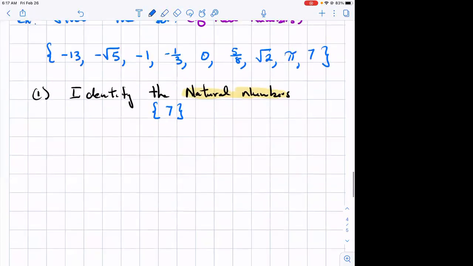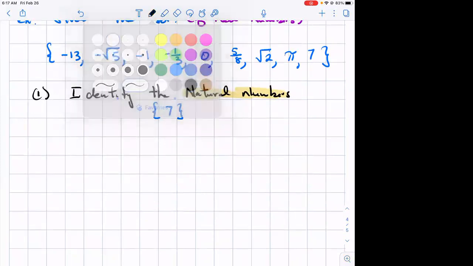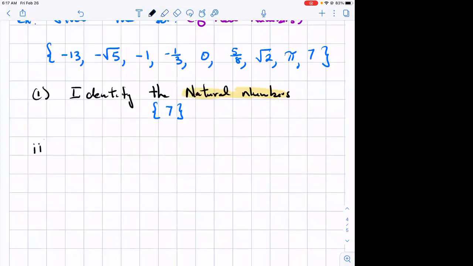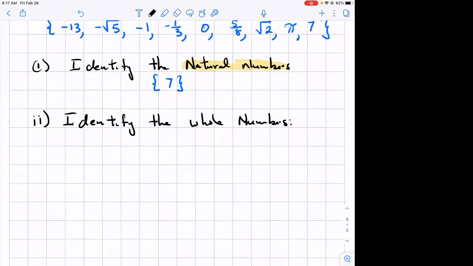How about if I ask you for whole numbers now? Identify the whole numbers. Well, whole numbers are counting numbers, but include 0. Or it's the same as the set of natural numbers, but it includes 0.